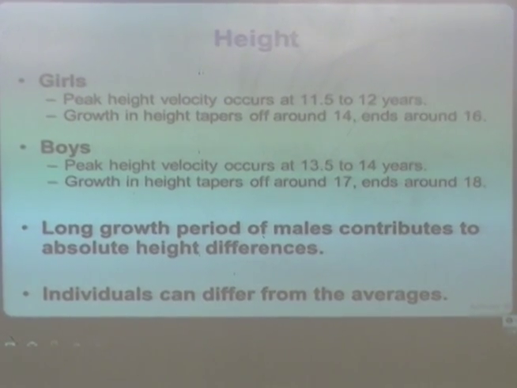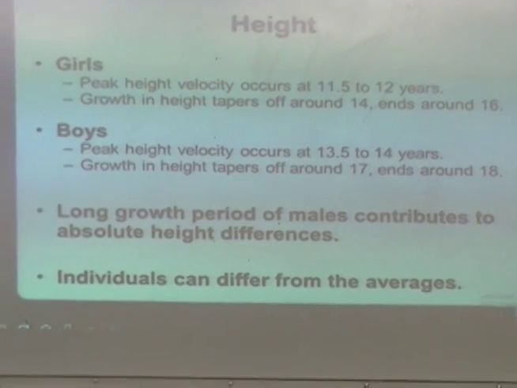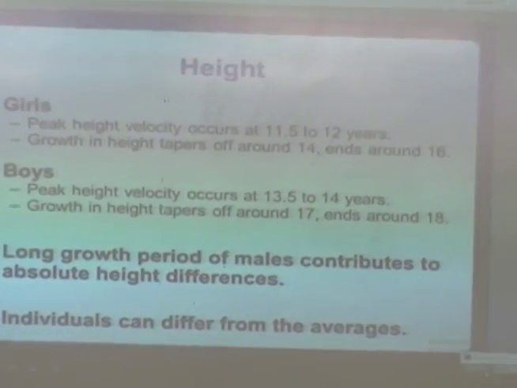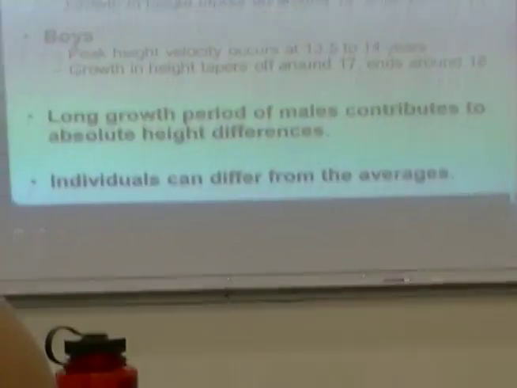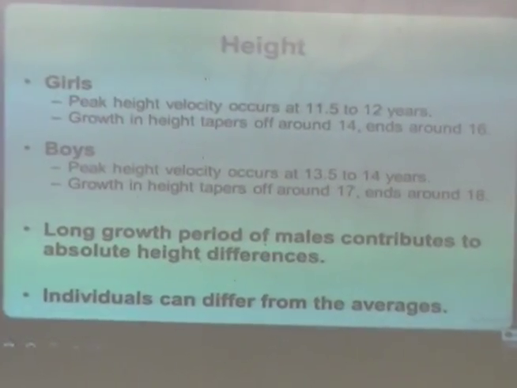They should be done on average around 16. We all know people who grew taller after they were 16. We're looking at an average. For boys, their peak height velocity occurs 13.5 to 14, so quite a bit after the girls.